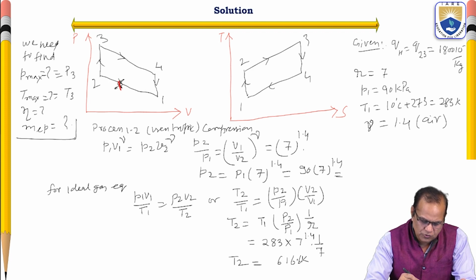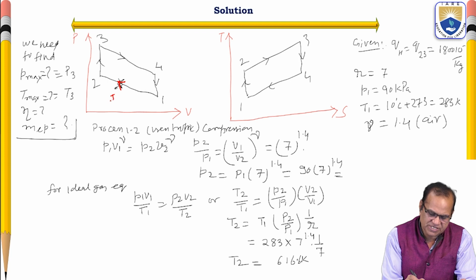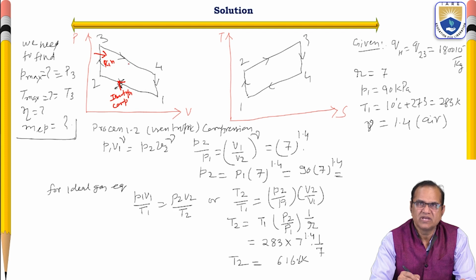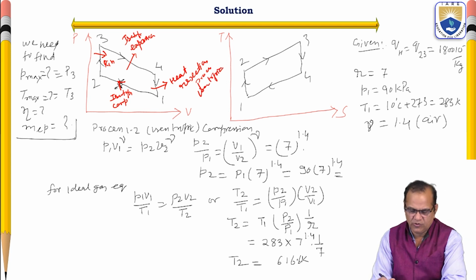Here 1 to 2 is isentropic compression. 2 to 3 is heat addition at constant volume. 3 to 4 is isentropic expansion and this is the heat rejection, 4 to 1 is heat rejection at constant volume. Okay, so we will see how it is working.